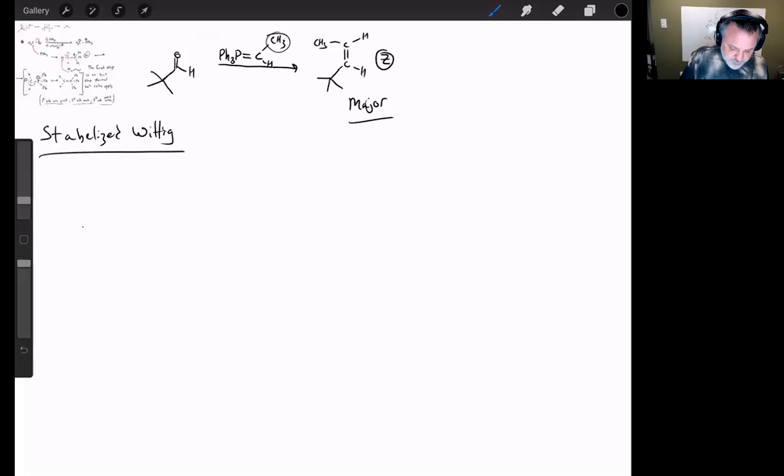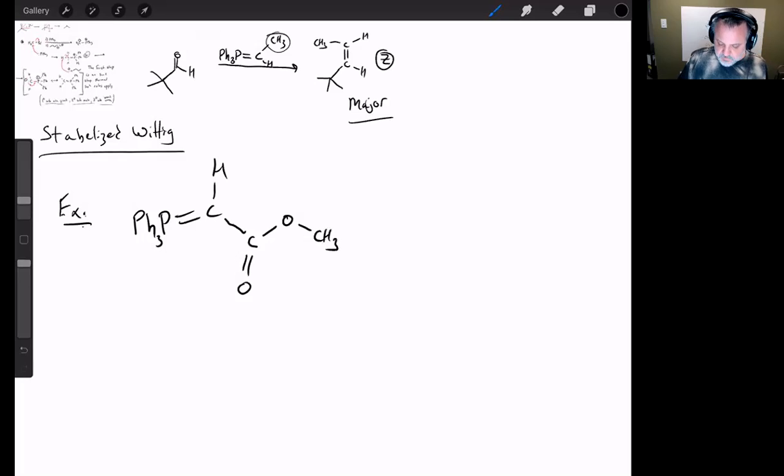Let me give you an example here. What if I had a Wittig reagent like this? Here's my group, and instead of being a CH3 group, what if it is an ester? This is an electron withdrawing group.